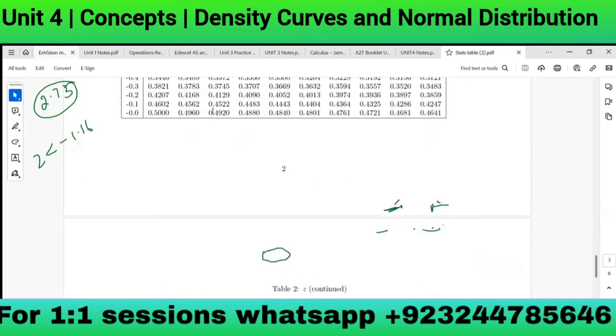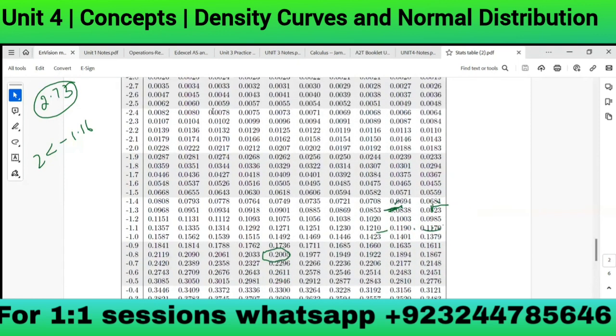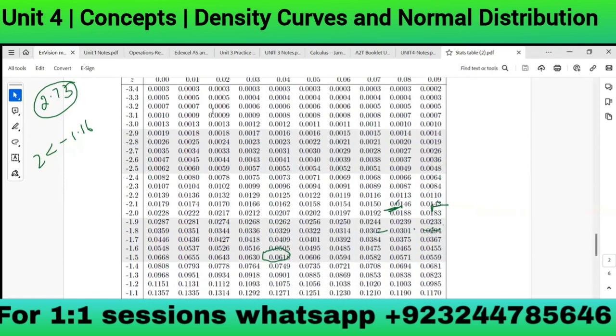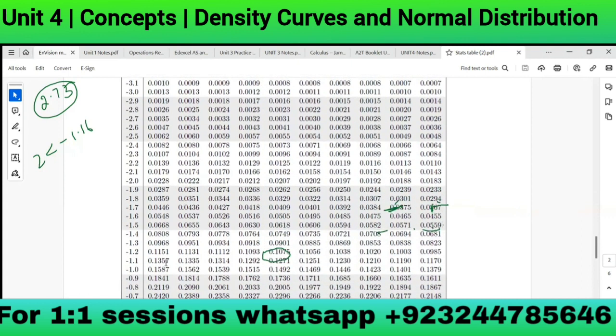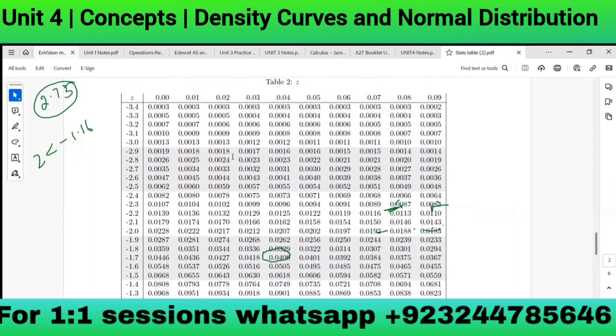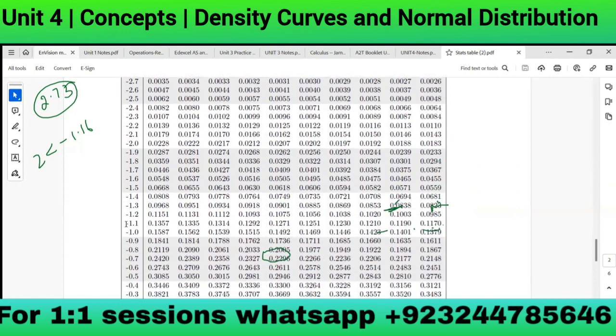So let's find out. Minus 1.1, and from above I see 6, so it's 0.1230.